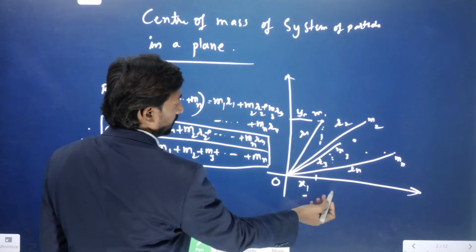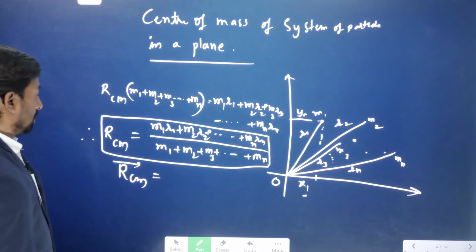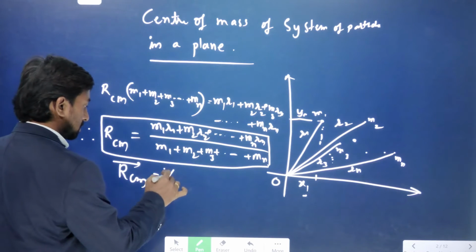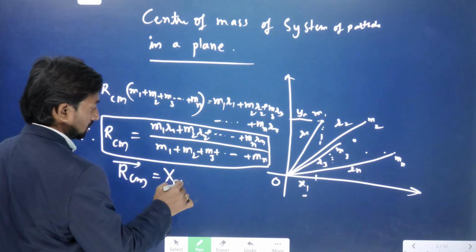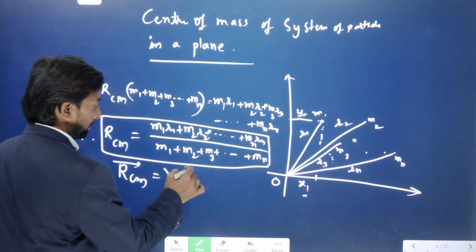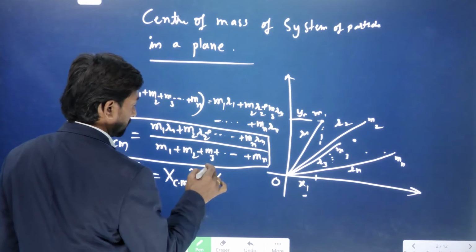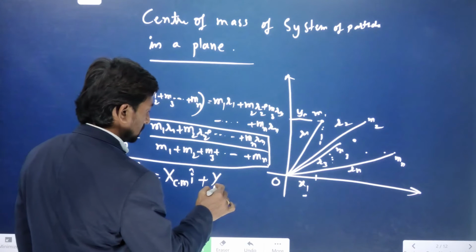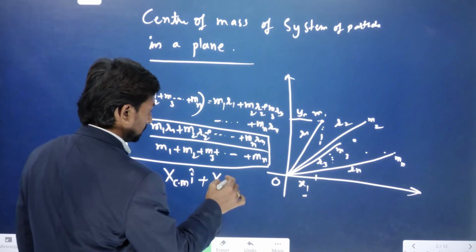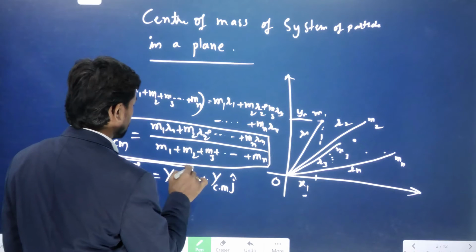The second particle will have x2 and y2. So here we can write the center of mass of the particles along the x-axis into i cap plus the center of mass of the particles along the y-axis into j cap. So this is the center of mass of the particles which are in the plane.